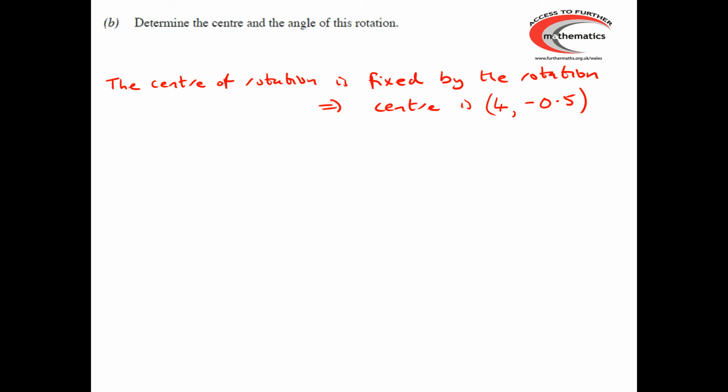If we're going to find the angle of the rotation, one way of doing this would be to take a point close to the centre and find out what angle it turns through. So what we might do is consider the point which is 1 unit in the x direction away from the centre of the rotation as our object point.